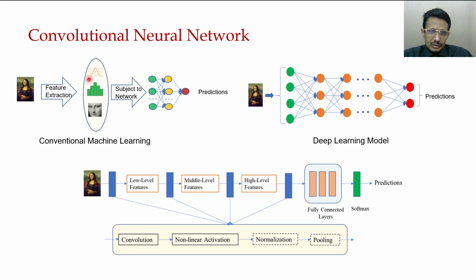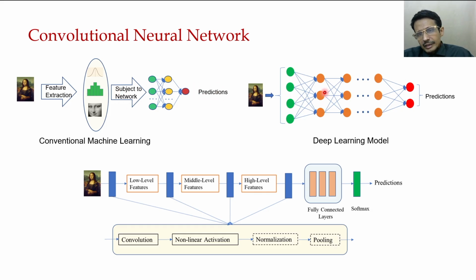After extraction, these features are fed into a neural net or some other classifier, which does the predictions or gives the inference. That was the standard approach for conventional machine learning. So there are mainly two things: one is feature extraction, another is classification for these predictions.